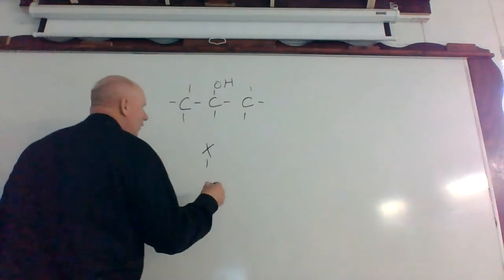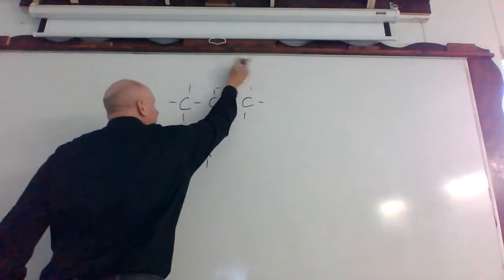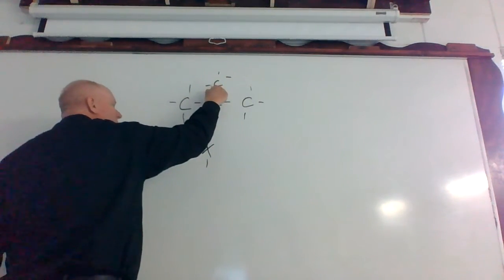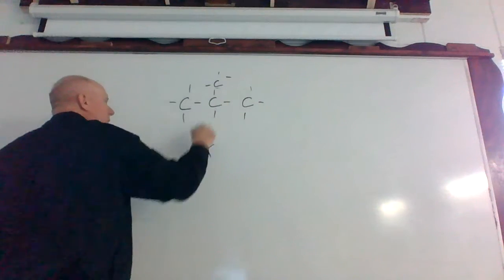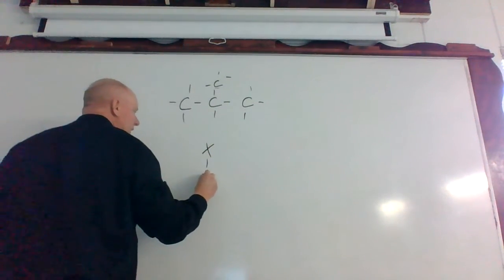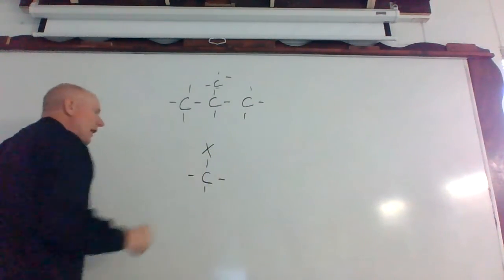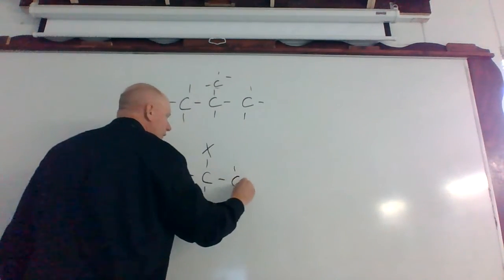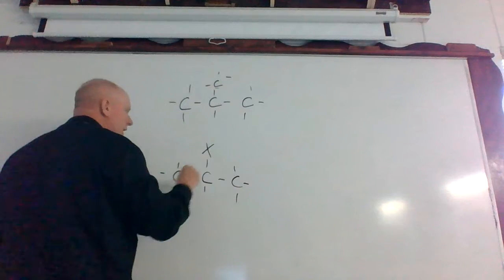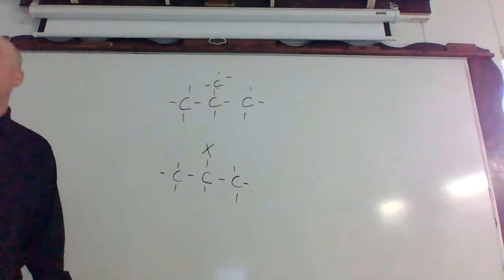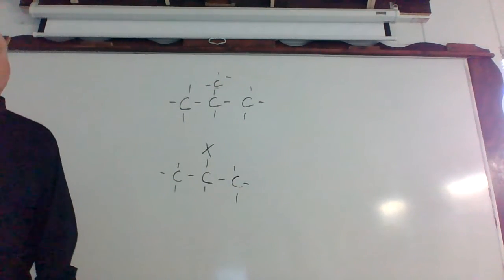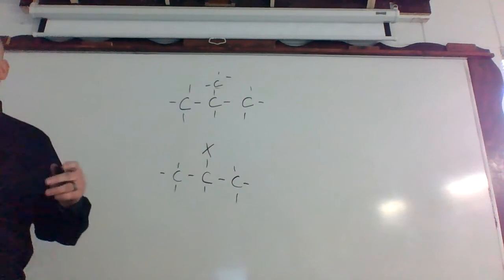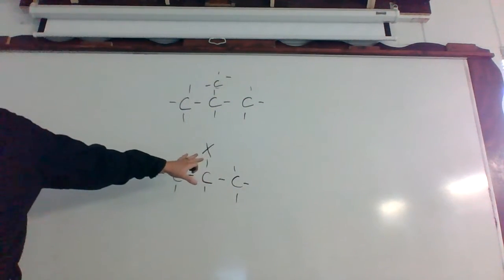We know that on a parent chain, that's a methyl group. So where X marks the spot, we could say CH3, that's a methyl group. But if you extend that out a little bit, that's now what we call an isopropyl group. Now, don't get propyl mixed up with propanol. Those are two totally different concepts, and we're not discussing them right now.